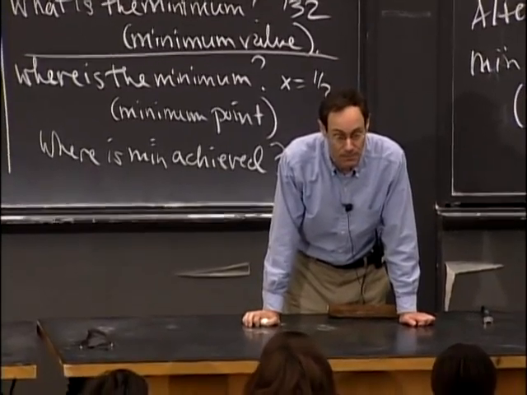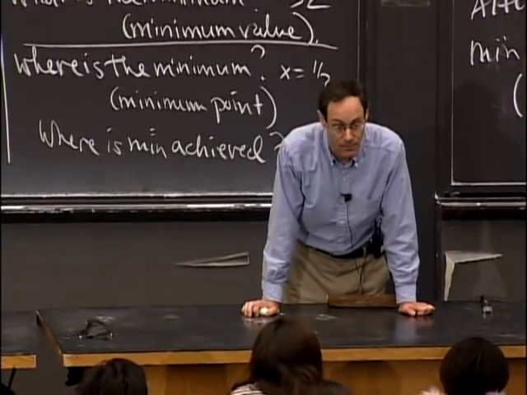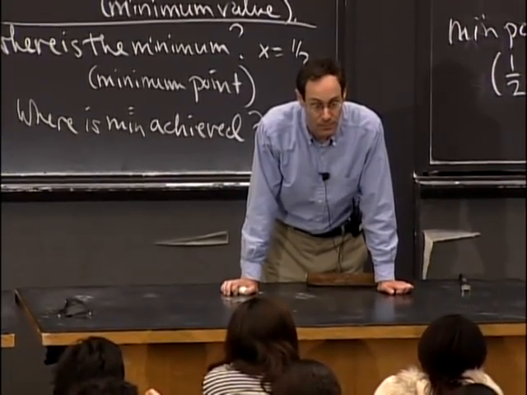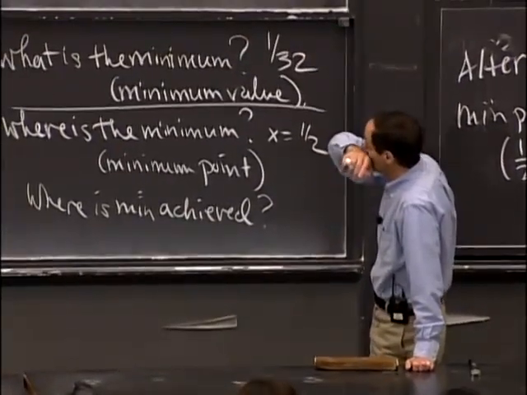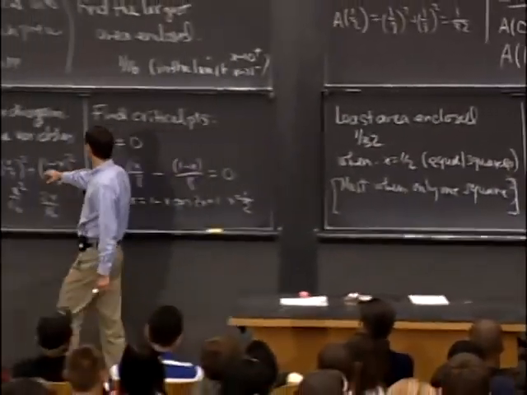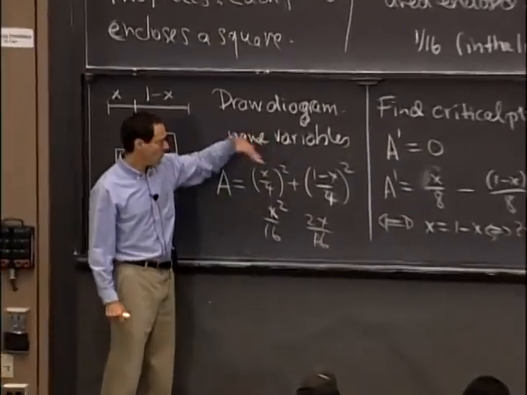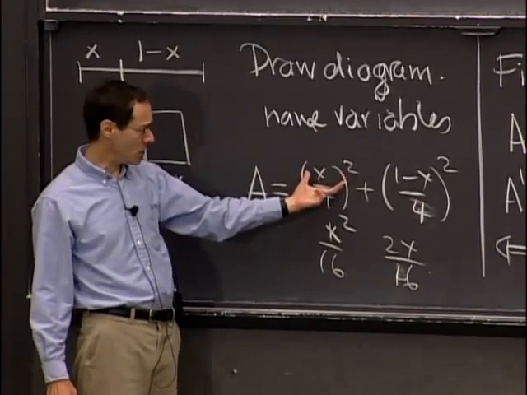Also, I'm wondering if we can check whether it's a minimum or maximum point using the second derivative. Yes, the question is, can we use the second derivative test? And the answer is yes, we can. In fact, you can also stare at this and see that it's a sum of squares, so it's always curving up. It's a parabola with a positive second coefficient.